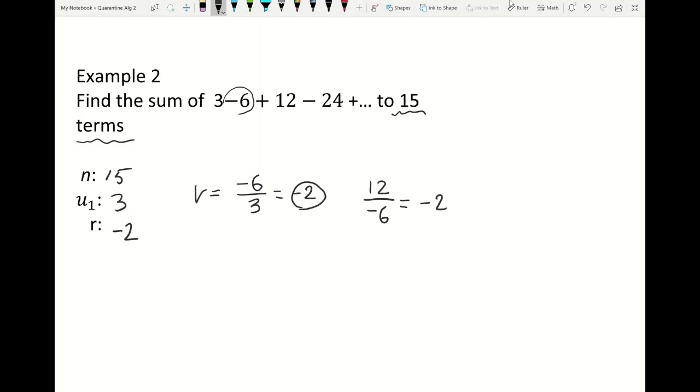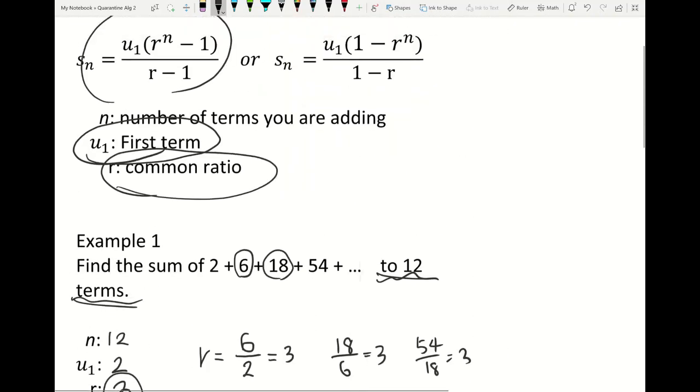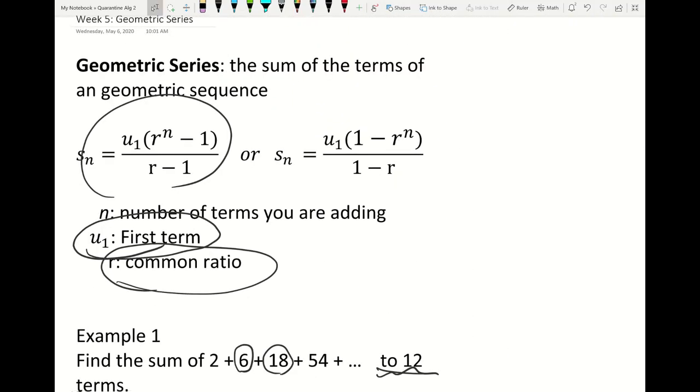Now we're going to apply the formula. Now, which one are we going to use? This time R is a negative number. It's a -2. If you put -2 in the first formula, you get -2 minus 1, which is -3. Which is okay.